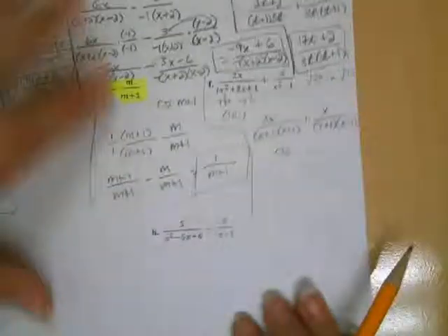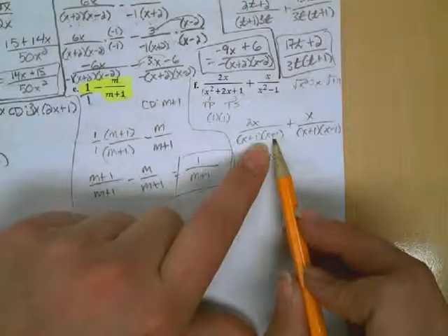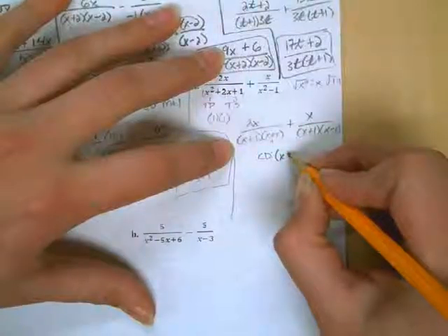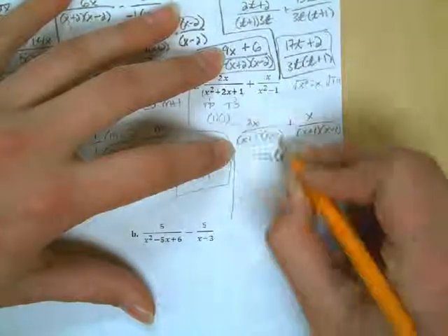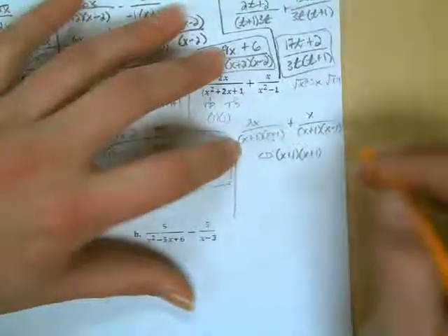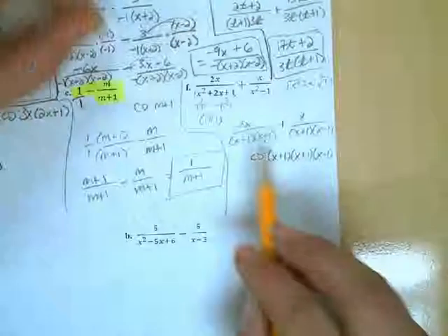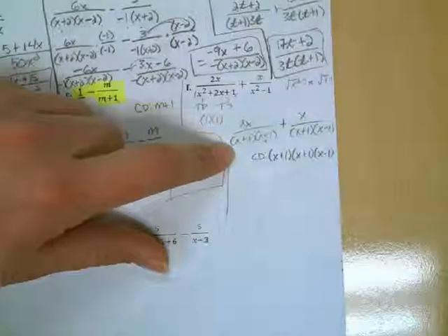Here though, I have an x plus 1 in both, but I also have another x plus 1 in this one. So I need to actually have 2 of them, because this particular fraction has 2 of them. So x plus 1, and then an x minus 1. This has 2 x plus 1s, this has 1, this has an x minus 1 also. So you have to be careful.